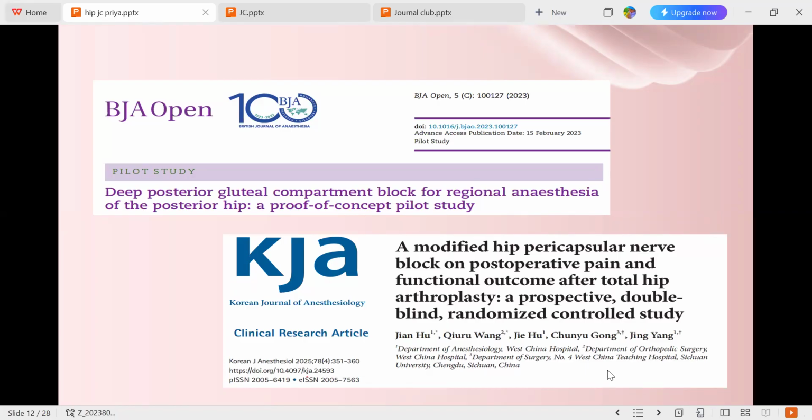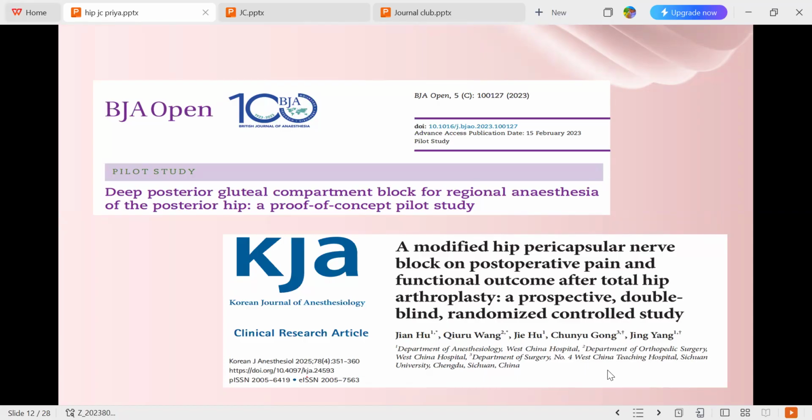There is another article, a modified hip pericapsular nerve block, which combines the PENG block with the deep posterior gluteal compartment block, also published in 2025. It also emphasizes that when we give both anterior PENG and posterior PENG, the patients have better VAS scores.